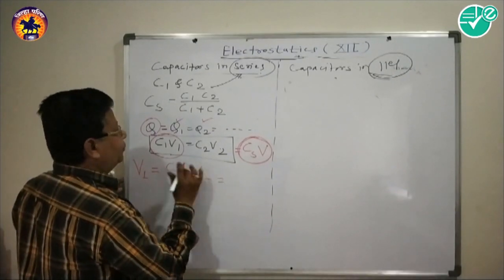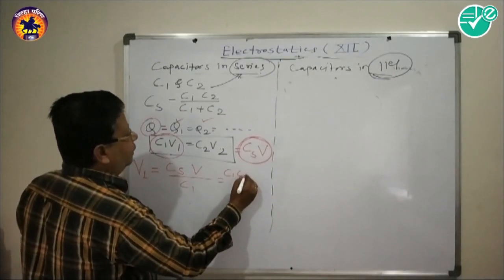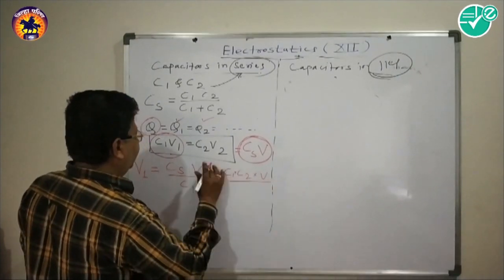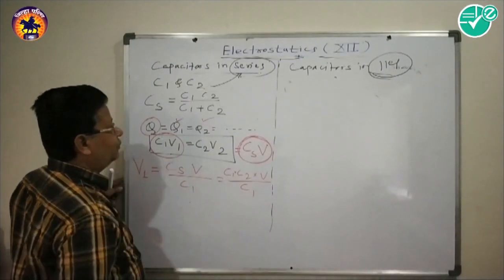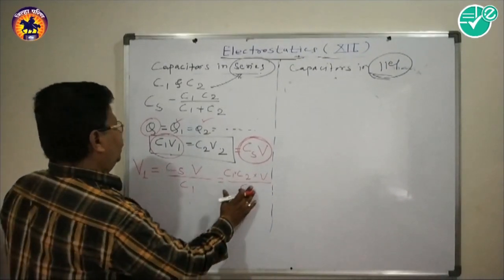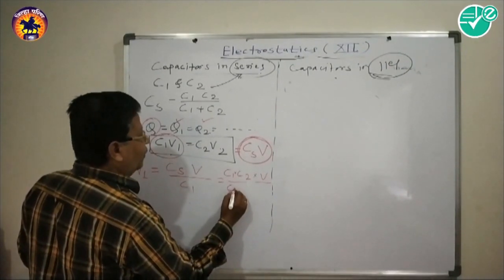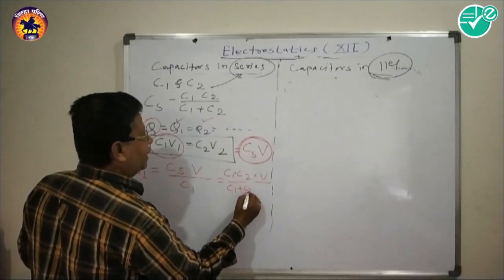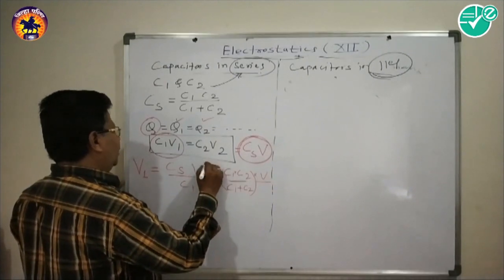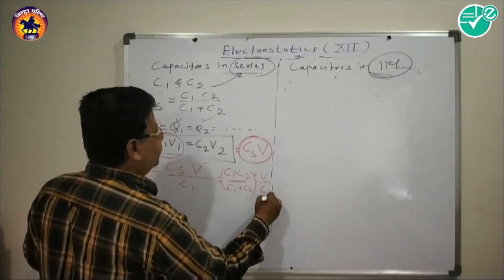Again the value of Cs is C1 into C2 divided by C1 plus C2, and into this voltage V and divided by C1.